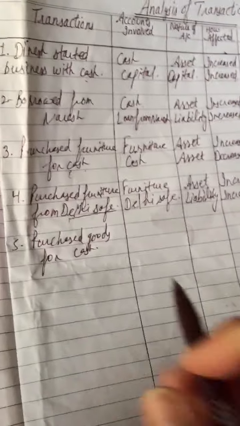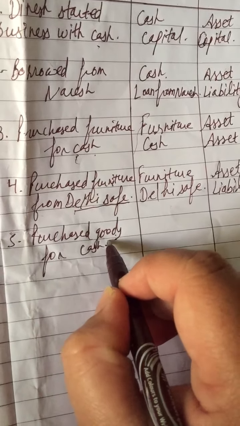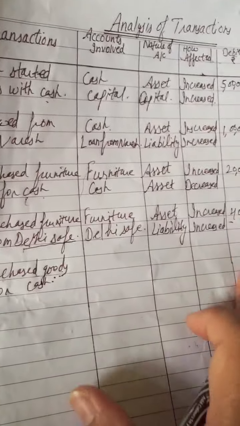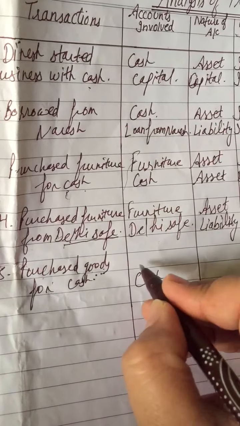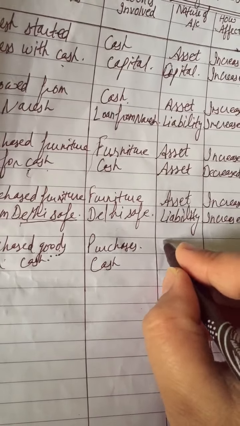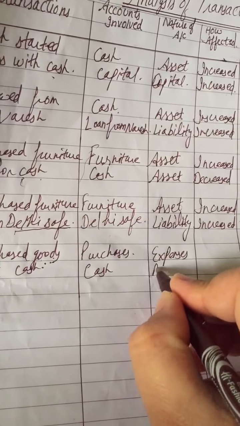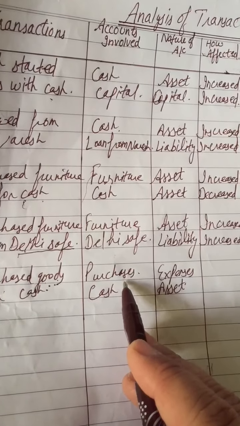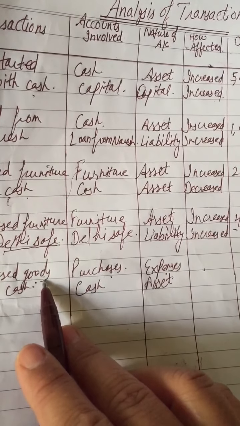Goods are not an asset of the business because we have purchased them for resale purposes. So the accounts involved are first cash and another is purchases account, because purchases is an expense for the business according to the modern approach, and cash is an asset, because we can't take goods as an asset here, meaning stock.